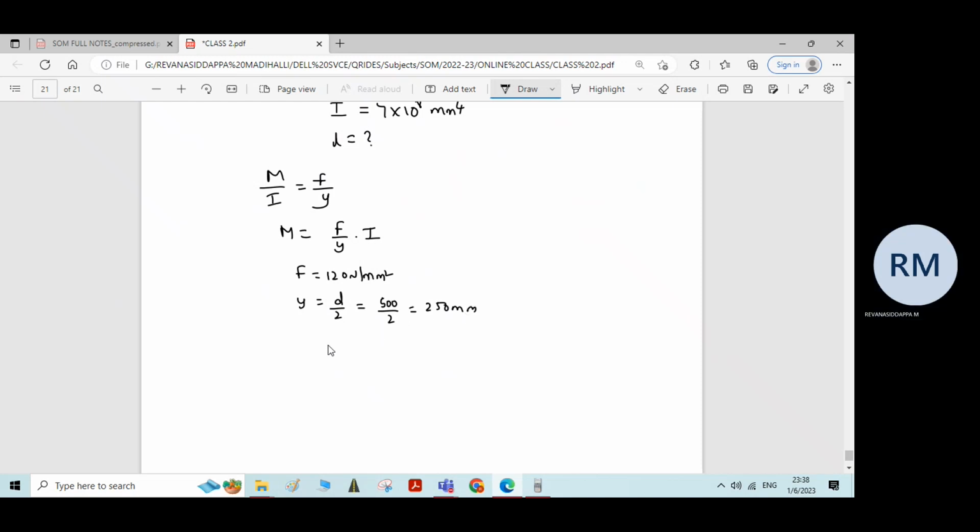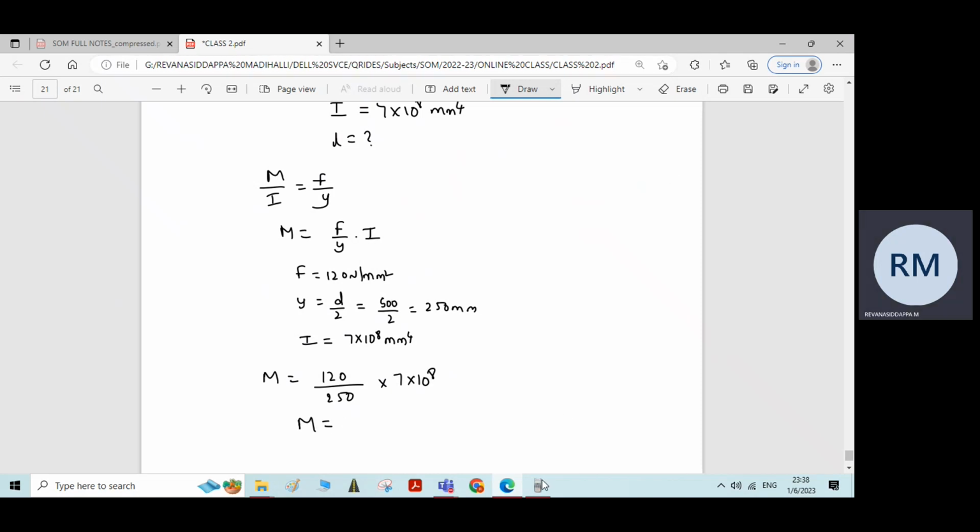Then I, moment of inertia, it is also given in the problem, 7 into 10 power 8 mm raised to 4. Okay, by this M is equal to F 120, Y is 250 mm into I 7 into 10 power 8.